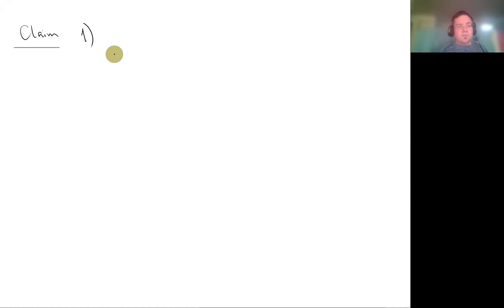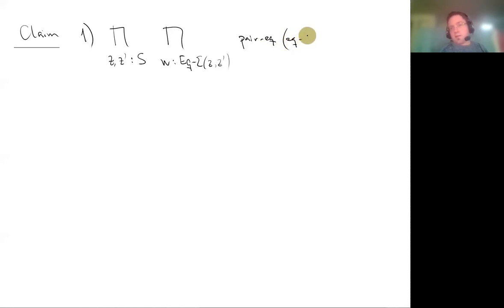So we want to show these two-sided inverses for every z and z prime in S, and for every W in the eq sigma relation for z and z prime, I want to identify pair eq of eq pair of W, that is, split up the pair W, with W.